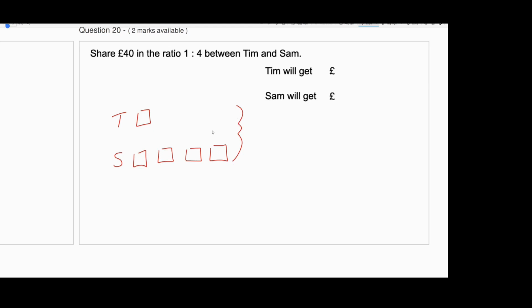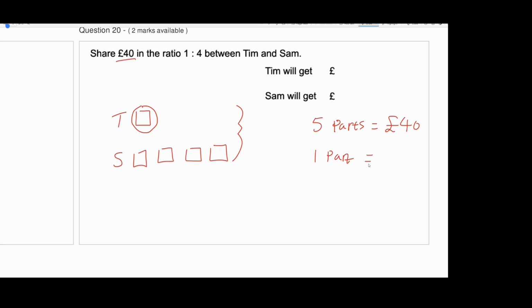So if I want to work out what 1 part is worth, I notice that I've got 5 parts, and that is worth £40. So how could I work out what 1 part is worth? Because there's 5 parts between them, and that's worth £40.